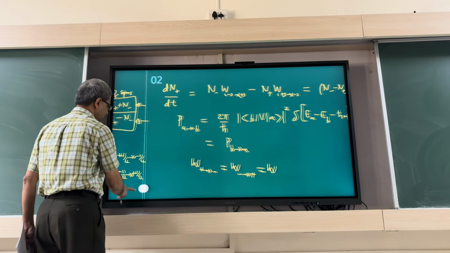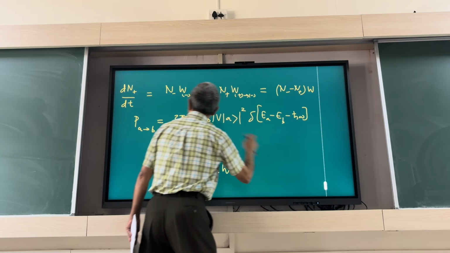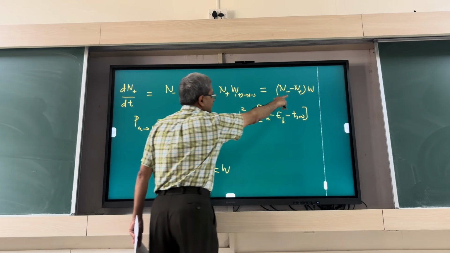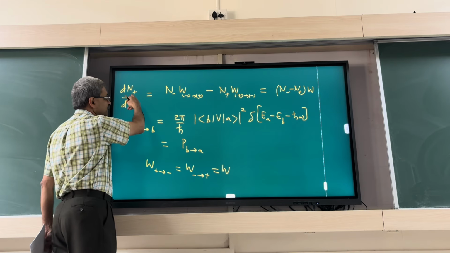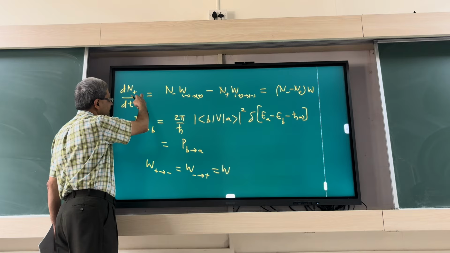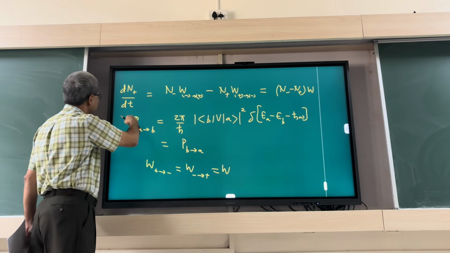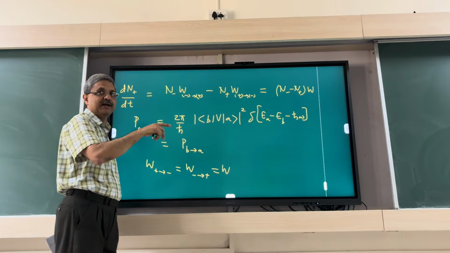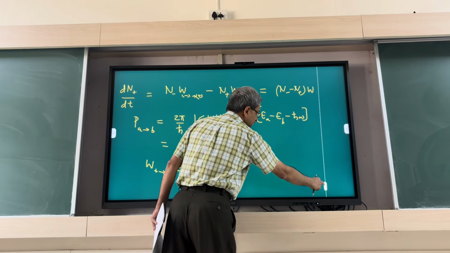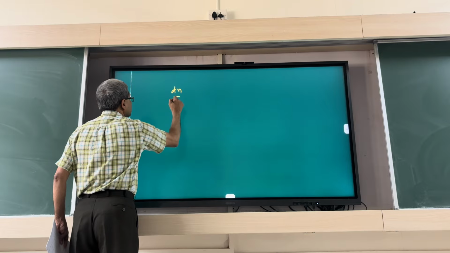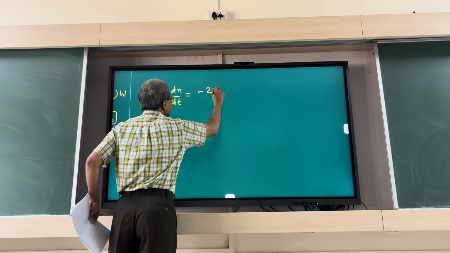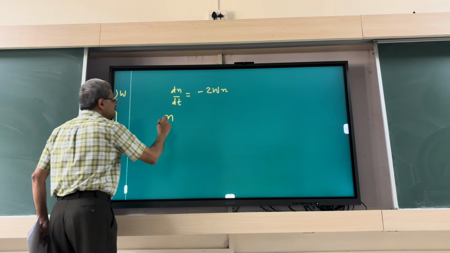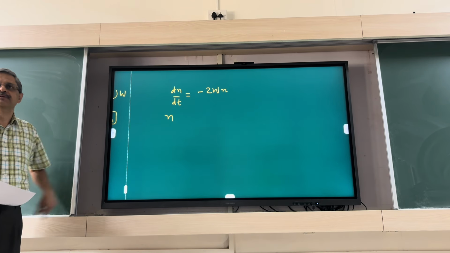This can already be written as minus small n times W. Likewise, if you take dn minus and look at the difference, the left side can be written as d by dt of small n. So the population difference evolves as dn by dt equals minus 2W times n, since you get a minus W times n from each one.